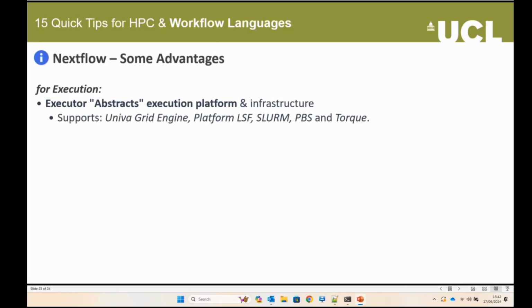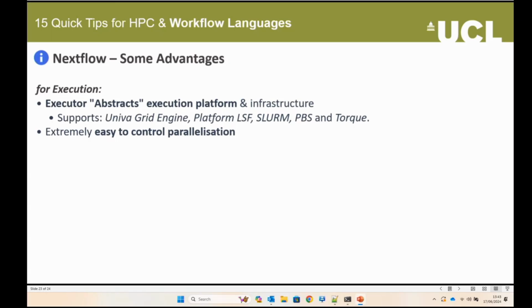It supports things like Univa Grid Engine, which we use on Myriad, Platform LSF, which is quite popular, by IBM, Slurm, PBS, and Torque. All of those are batch scheduled systems. I should have also written there that it also supports AWS and local machines.